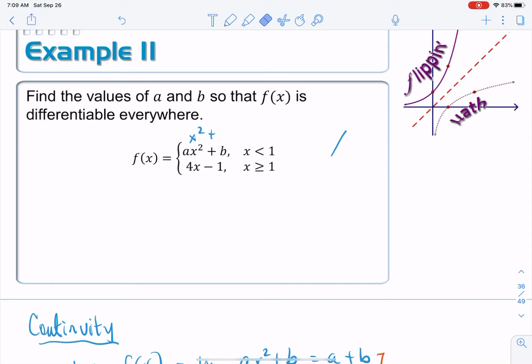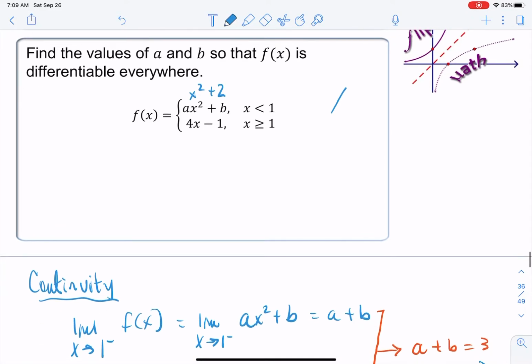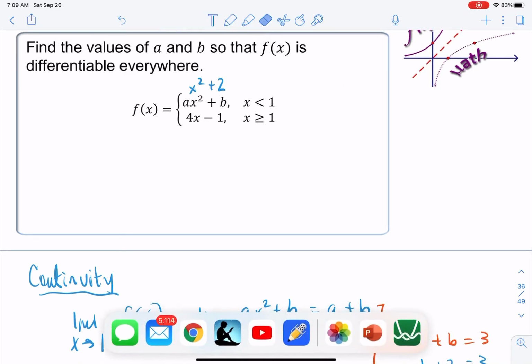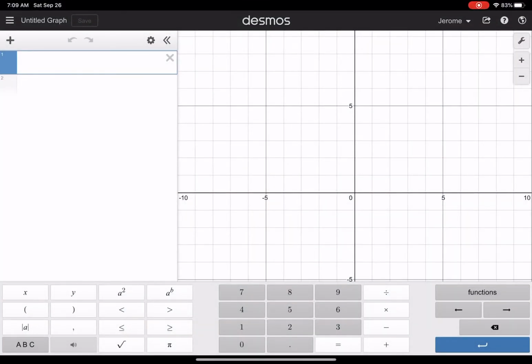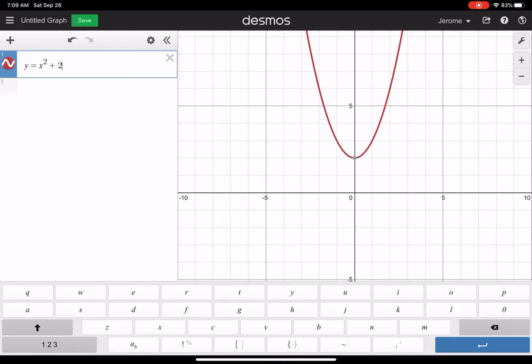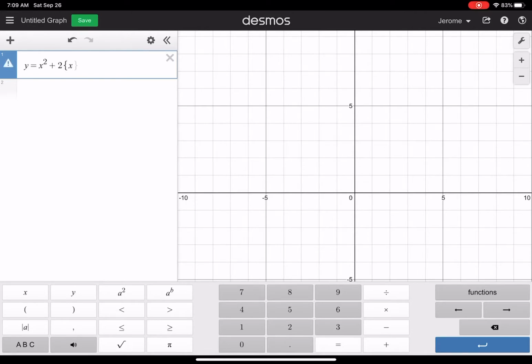Let's see what happens. I'm going to go over here to Desmos, and I'm going to graph these two things. In order to do different pieces, you just have to multiply it by its condition, like its domain. So the top branch here is going to be y is equal to x squared plus 2, and then in curly brackets, I'm going to type in its condition, which was x is less than 1.